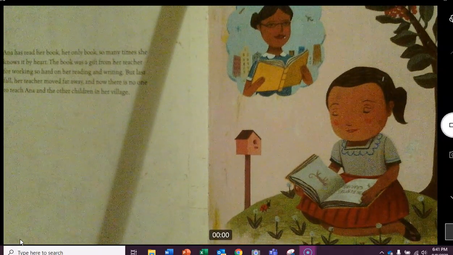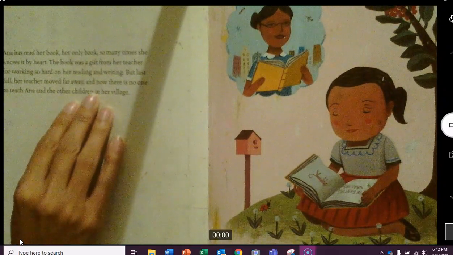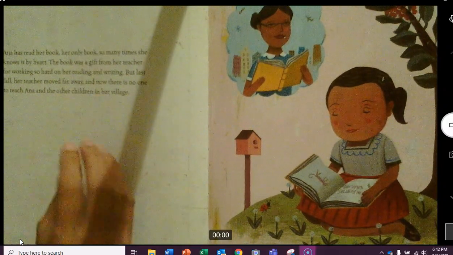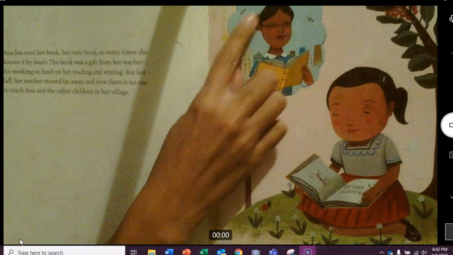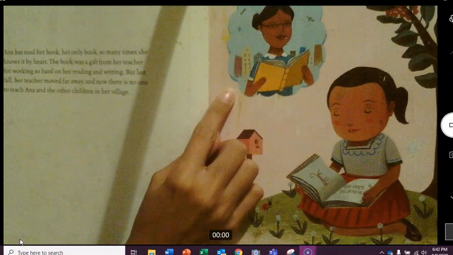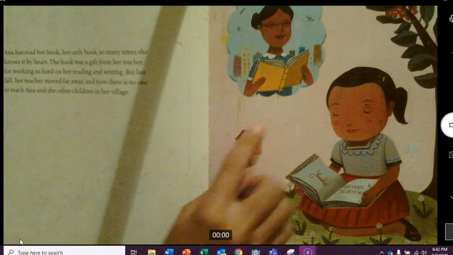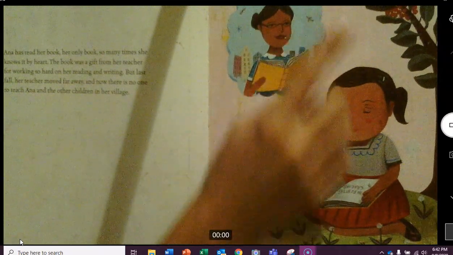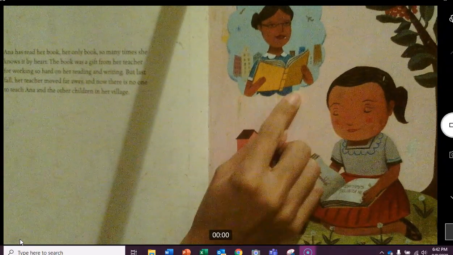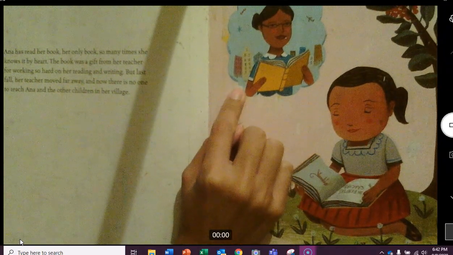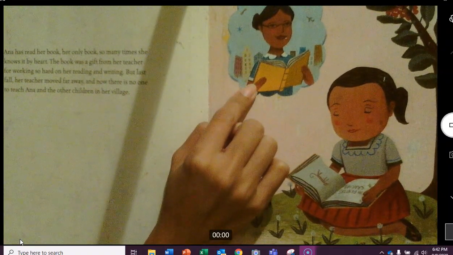Another thing that came from our paragraph is she mentions her teacher that moved far away. I notice there's a woman here and she's in the bubble. Remember, when there's a bubble like this, it means that our character is thinking or imagining what she's thinking about. So I notice there's a woman here.